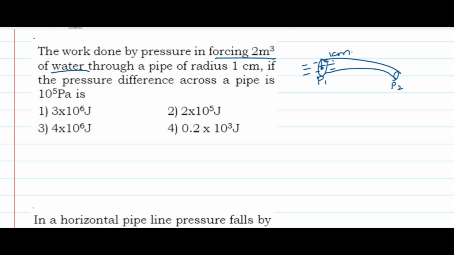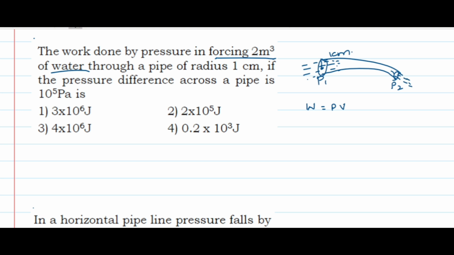So the work done by the fluid due to the pressure difference, the formula will be W equals P into V. Here some liquid is going to be entering, it creates some pressure here, and when it is leaving on this side it will create some pressure.